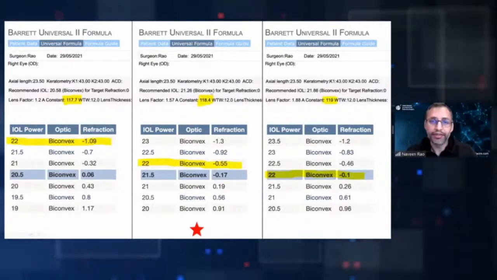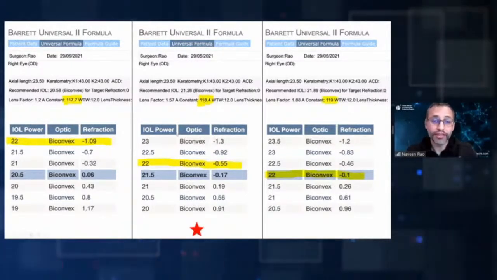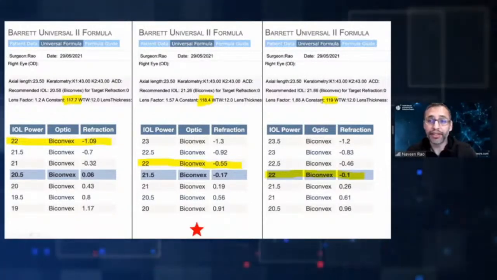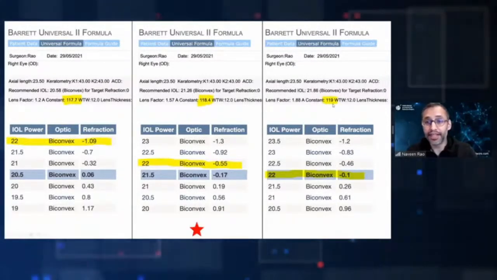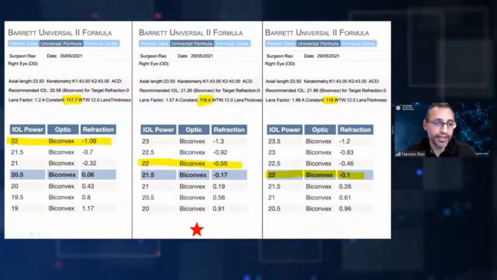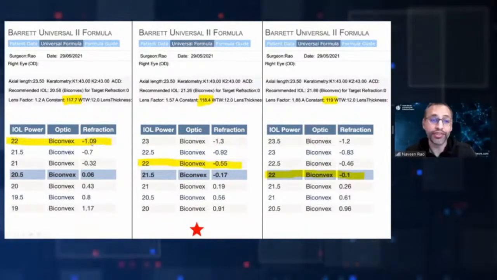So the point being, if you're using 118.4 for this particular lens, I aim for minus a half. If you want to aim for plano, then you go for a 119 A constant. And if you want to use the manufacturer's recommended A constant, if you're using this lens, you would aim for minus 1 to achieve a plano result.